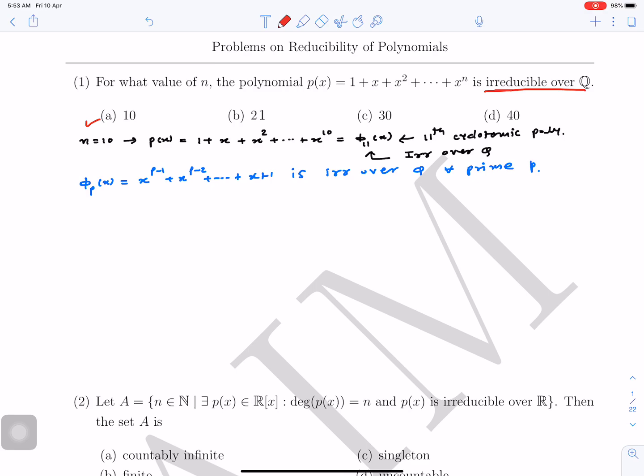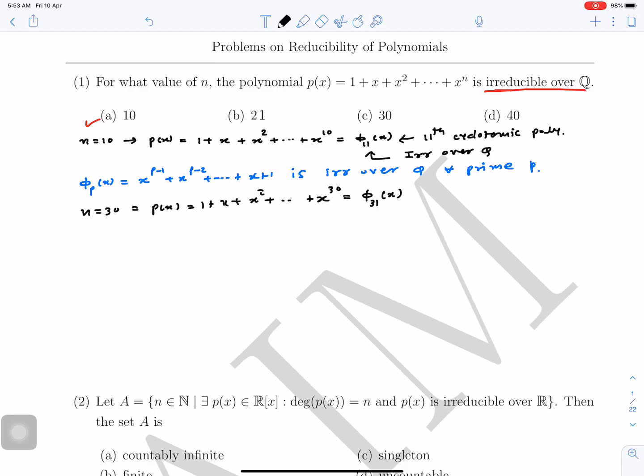Now similarly for n equal to 30. So let us go for n equal to 30. It is p(x) = 1 + x + x² + and so on up to x^30, and that is Φ₃₁(x).